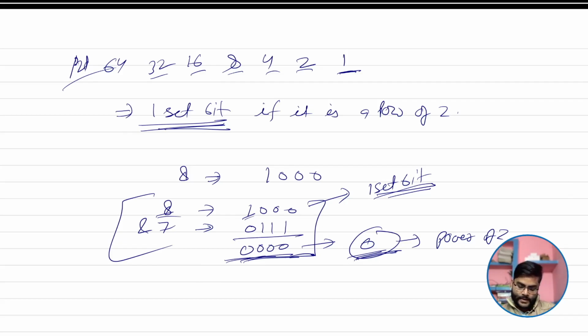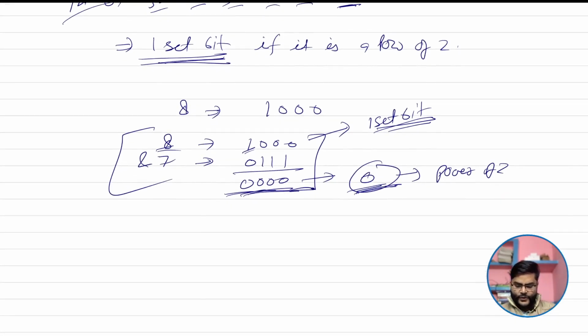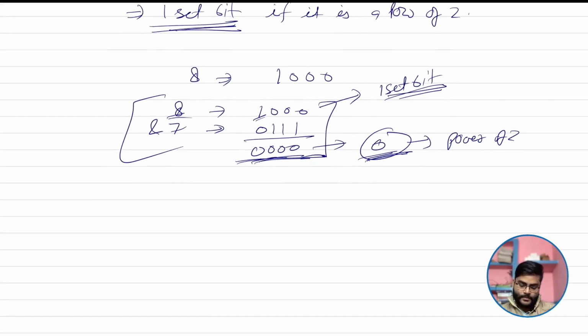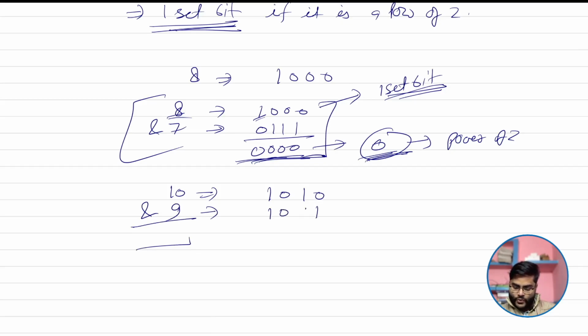Now if you take some number which is even but not a power of 2, let's say 10, 10 can be written as 1010, right? Now if you do AND with 9, 9 can be written as 1001.